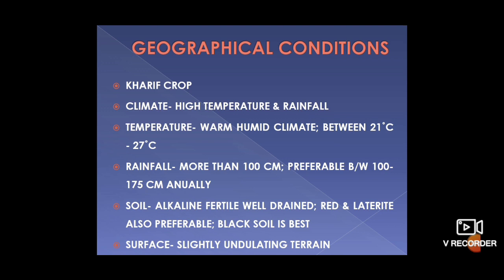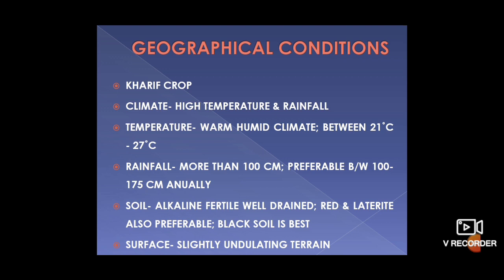Annual rainfall ranging between 100 to 175 cm is ideal for the growth of sugarcane. Excess rainfall will affect the sucrose content adversely. Sugarcane generally grows well in alkaline, fertile, well-drained loamy soil.